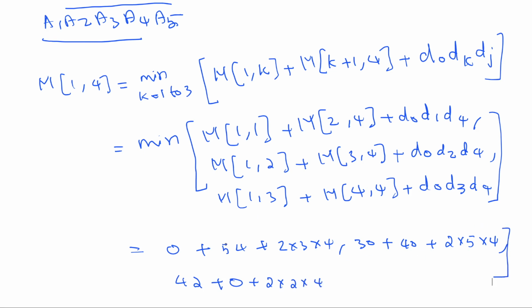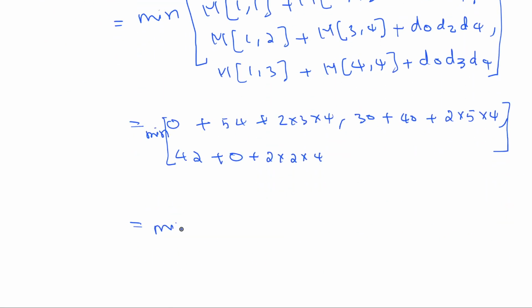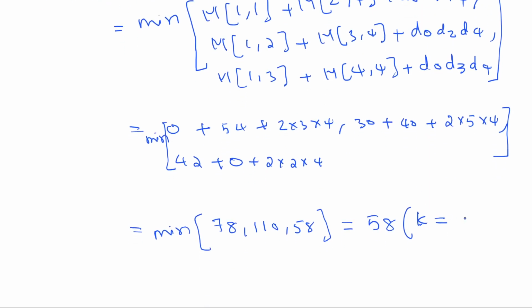Okay, so we have to pick the minimum value out of it. So minimum of 78, 110, 58. So this will be 58. That is when k equal to 3.